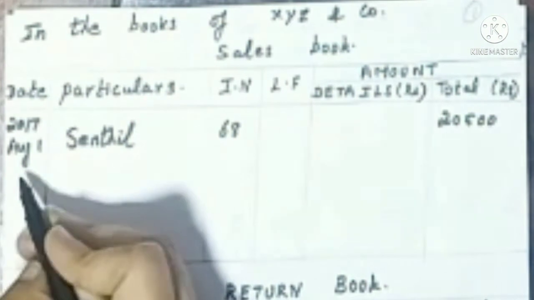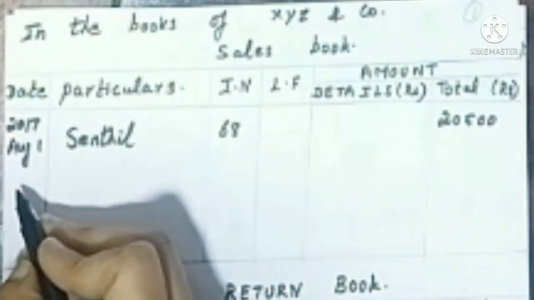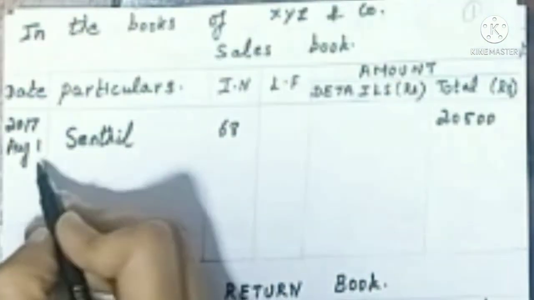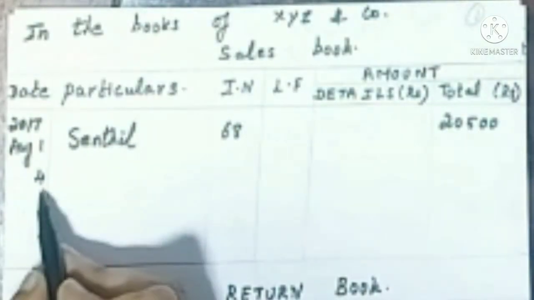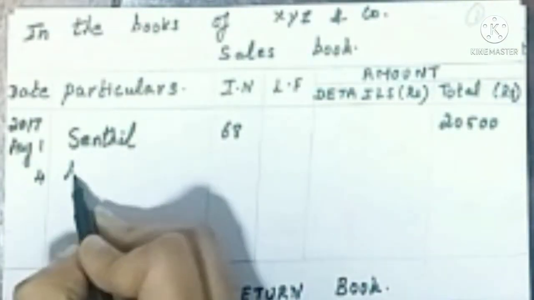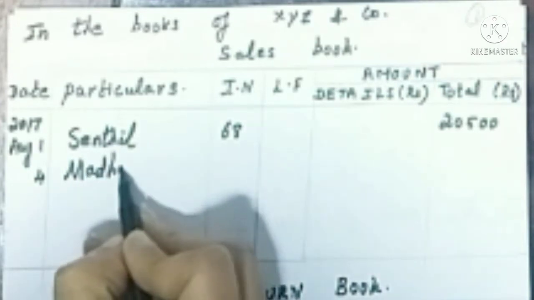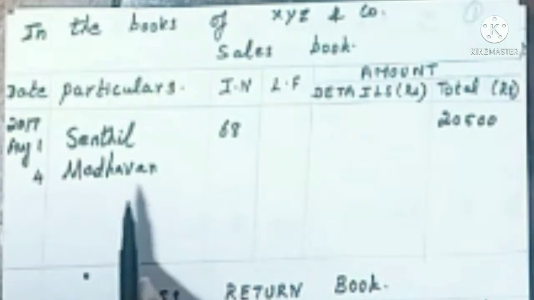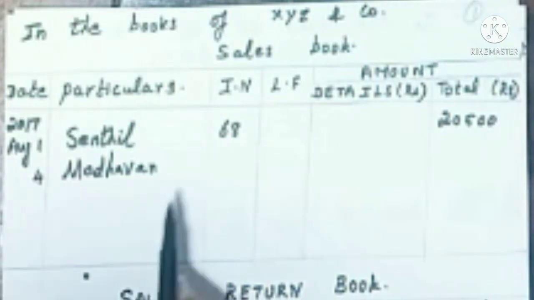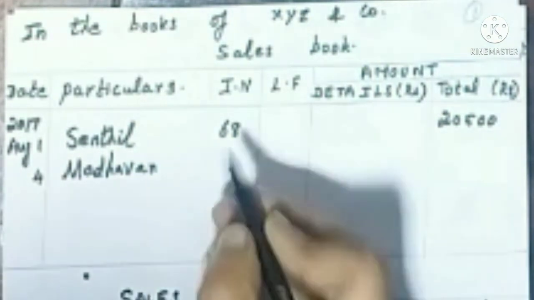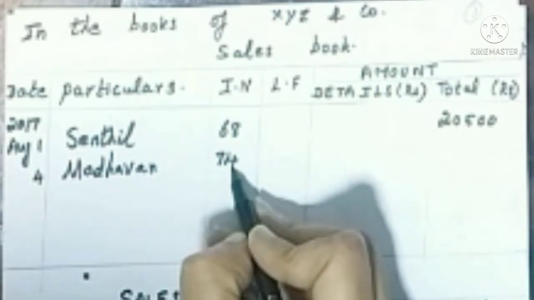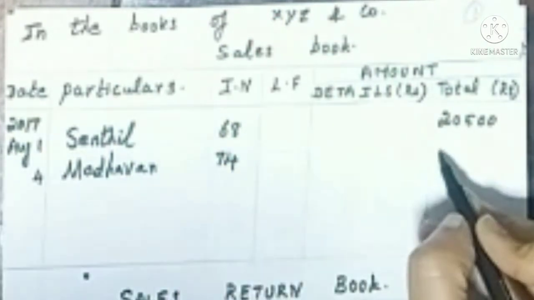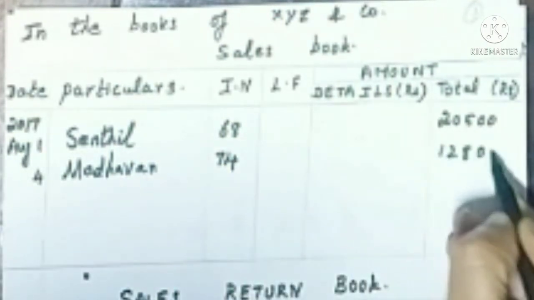Okay, again, the goods are sold to Madhavan on August 4. So, I am writing in the date column August 4. Goods are sold to Madhavan. So, in particulars column, we have to write Madhavan. And the invoice number is 74. Amount is rupees 12,800.